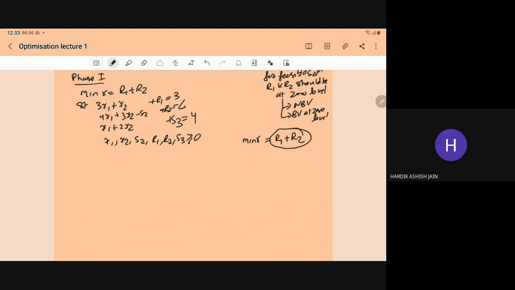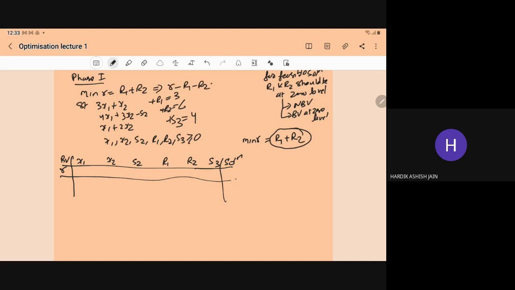So when we make the table, here we have the basic variables, x1, x2, s2, R1, R2, s3, and here we have the solution, and here we write the R row. The R row will be R minus R1 minus R2 equals 0. That is 0, 0, 0, minus 1, 0, and equals 0.